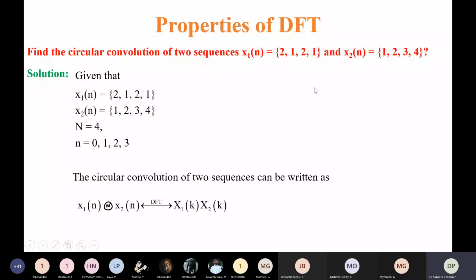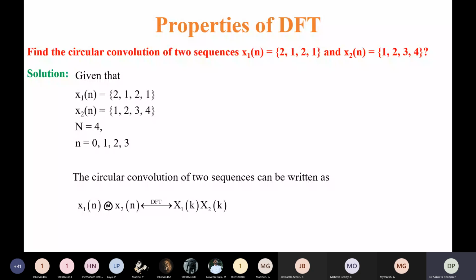Before going into the details of today's session, I'll discuss what we covered in the previous class. We discussed circular convolution, how to find the circular convolution between two sequences using different methods.